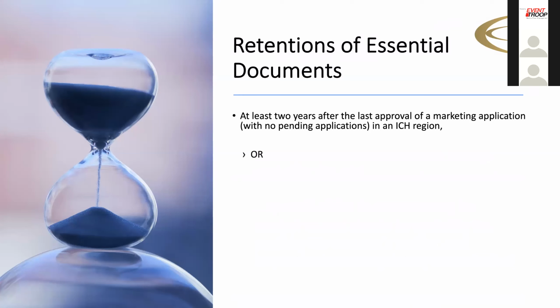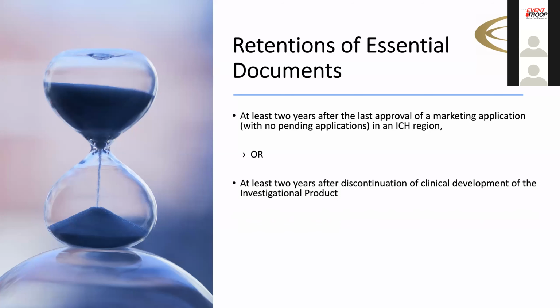It says all essential documents must be retained for at least 2 years after the last approval of a marketing application with no pending applications in an ICH region, or at least 2 years after discontinuation of clinical development of the investigational product. So what does this actually mean, at least 2 years after the last approval of the marketing application in an ICH region?